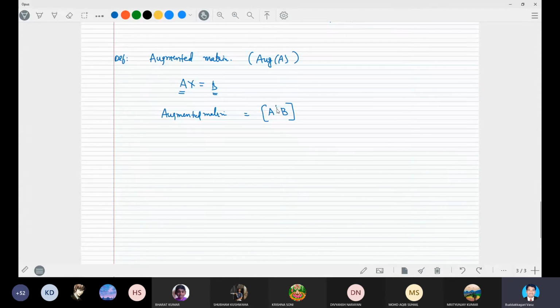For identification, a dotted line or a straight line may be used to separate the newly added column. This is a variation of writing the augmented matrix.